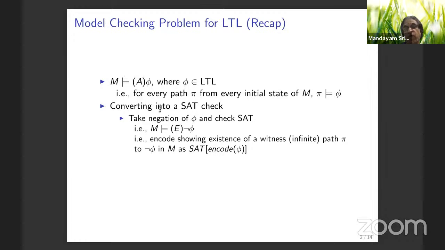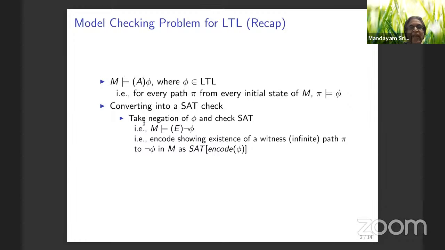When you want to check that a universal formula holds good using SAT solvers, you take the negation of it and check if it is unsatisfiable. Even the automata-theoretic methods do that: they reduce it to an emptiness check of the negated formula.